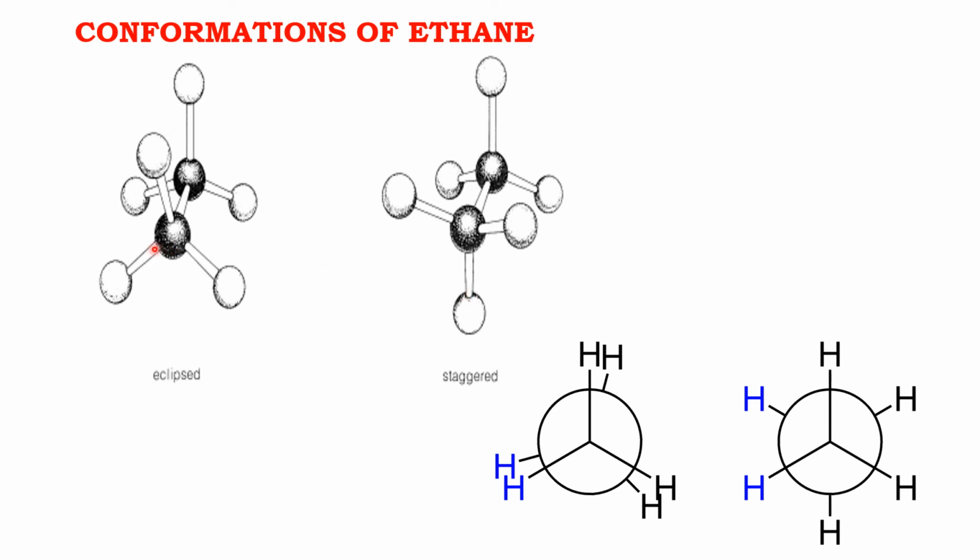In the eclipsed conformation, the hydrogen atoms of the two carbon atoms are placed one below the other, or the three hydrogen atoms of each carbon atom lie in one plane. While in the staggered conformation, the hydrogen atoms of the first carbon atom are placed exactly between the hydrogen atoms of the second carbon atom.